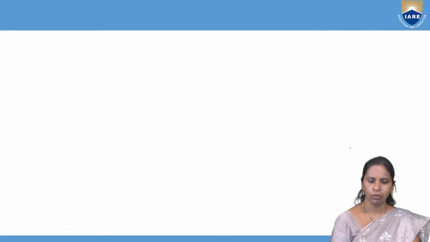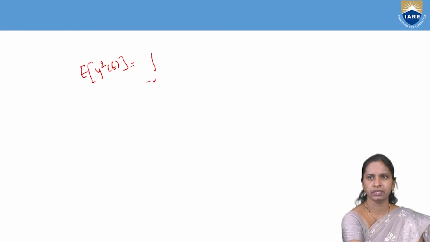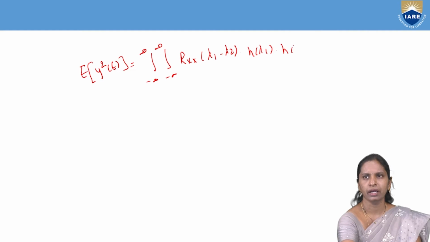So the mean square value of the response of the system is equal to the integration from minus infinity to infinity, integration from minus infinity to infinity, of Rx of lambda 1 minus lambda 2 into h of lambda 1, h of lambda 2 into d lambda 1, d lambda 2.